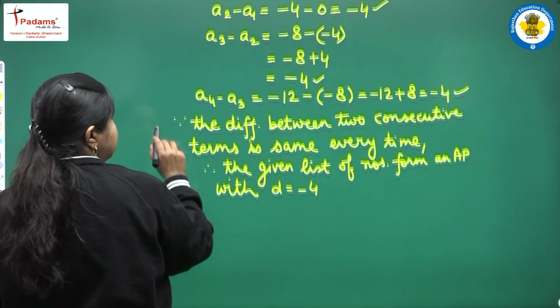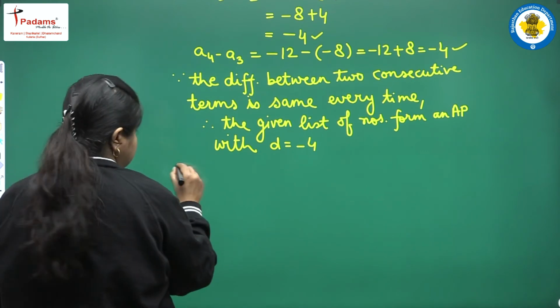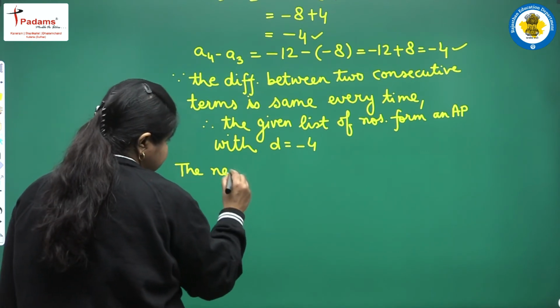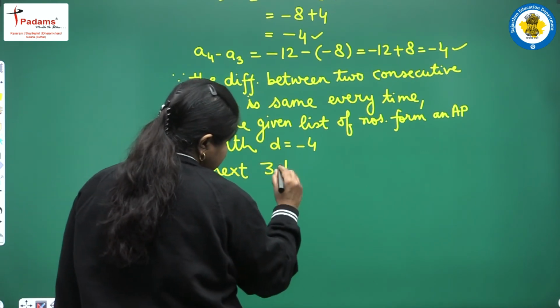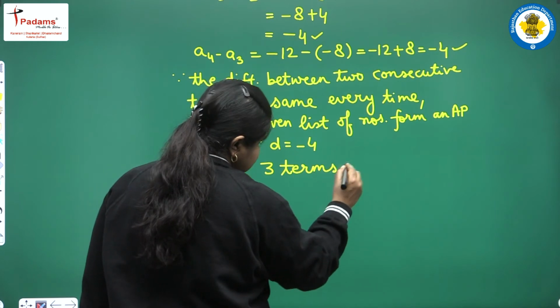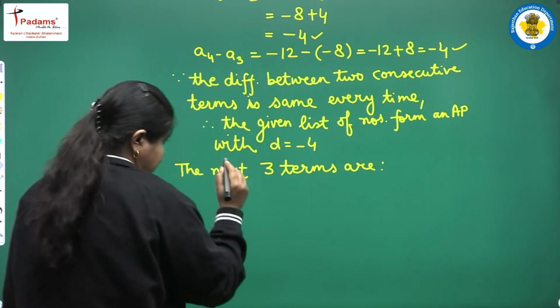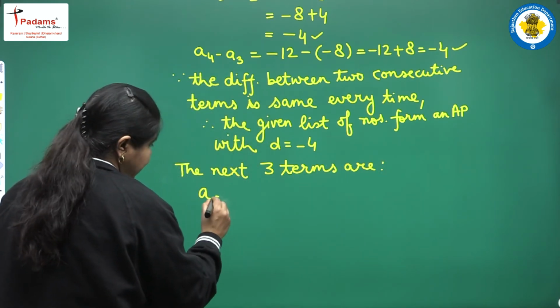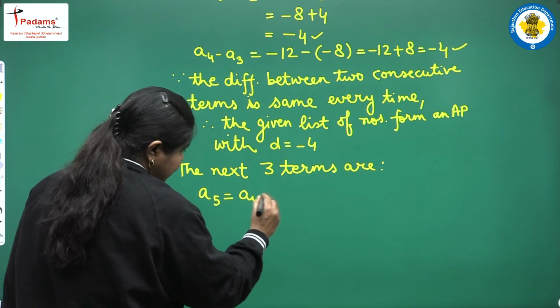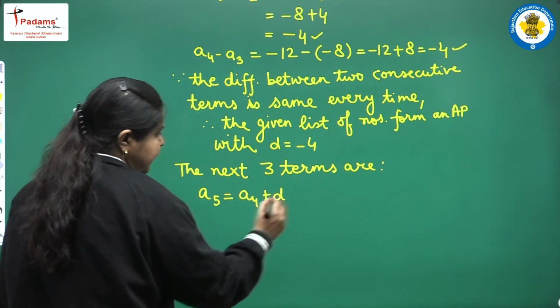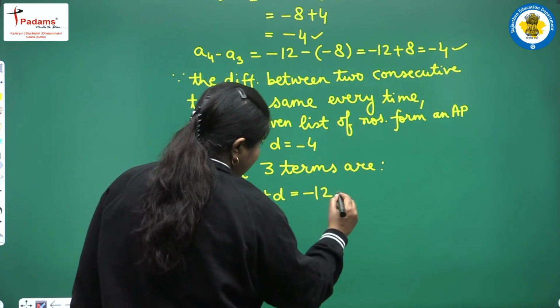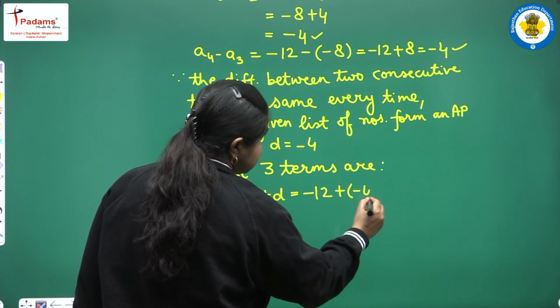For this we write the next three terms are, देखिए हमारी जो फोर्थ टर्म है उसमें जब हम कॉमन डिफरेंस ऐड करेंगे तो फिफ्थ टर्म मिलेगी. फोर्थ टर्म is -12 और इसमें हम ऐड कर रहे हैं -4.